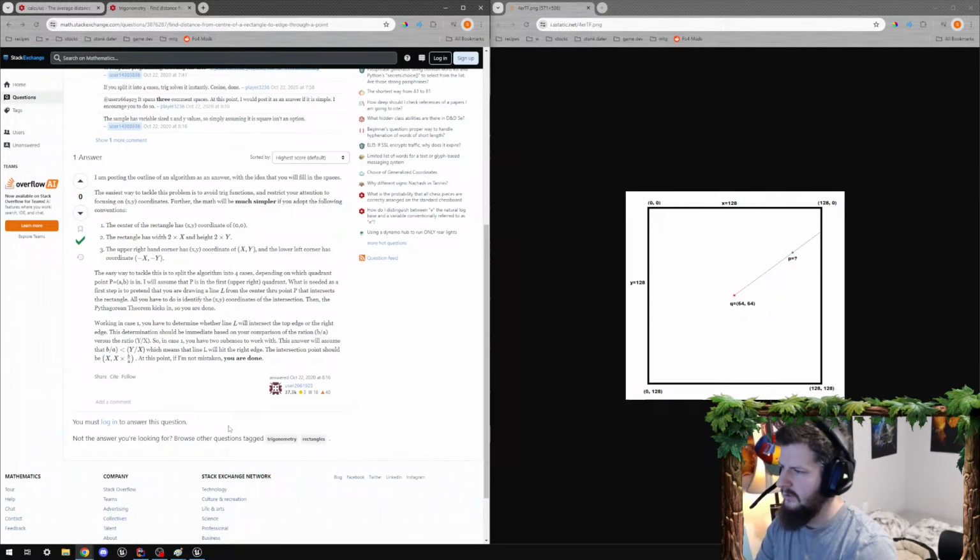Split the algorithm into quadrants. All you have to do is identify the xy coordinates of the intersection. Yeah, how do I do that?